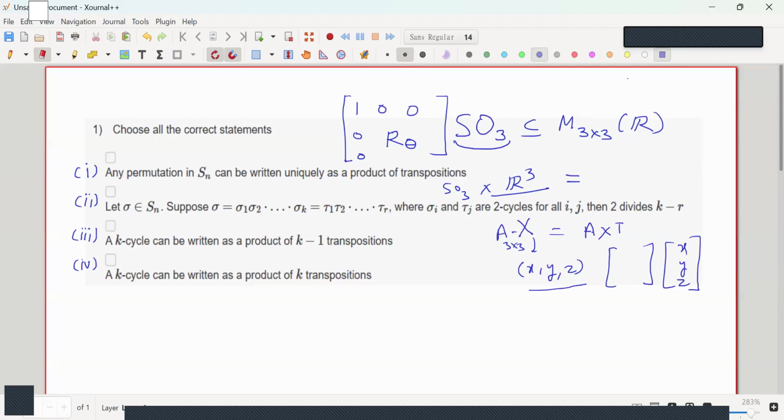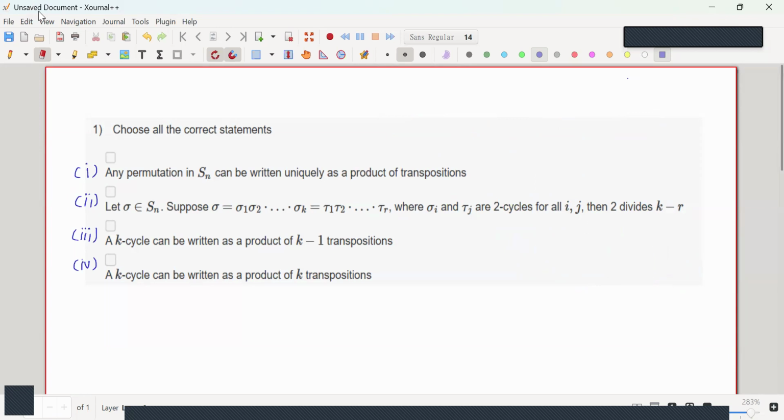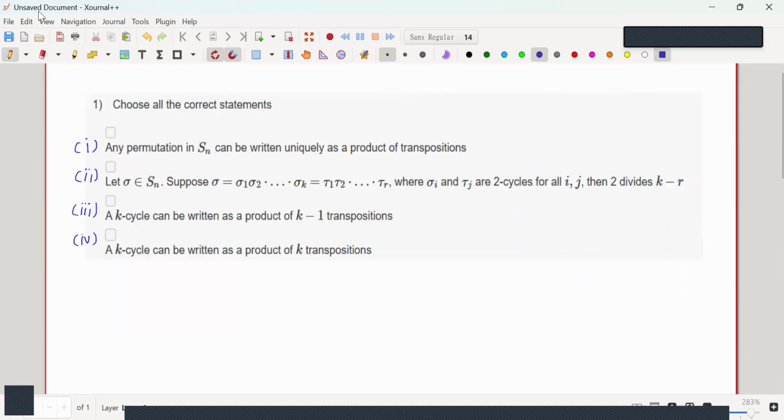Yes, sir, I have seen the orbits and stabilizers. So there is also an orbit stabilizer theorem, right? Yes, sir. That theorem is very crucial in proving some very good theorems in group theory, and thus it makes group actions a very useful tool.